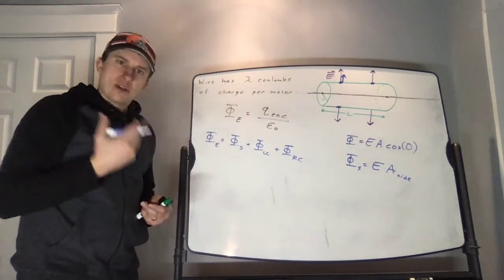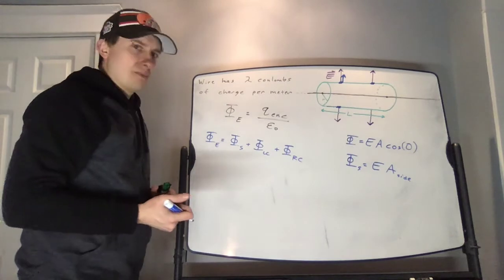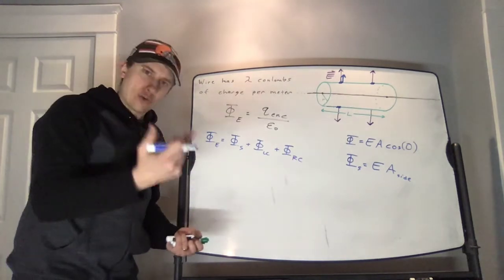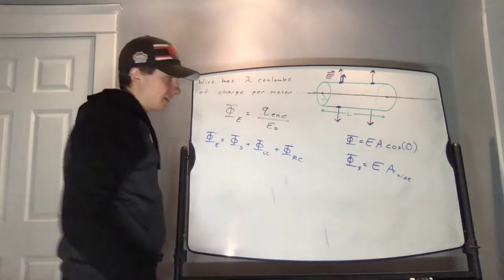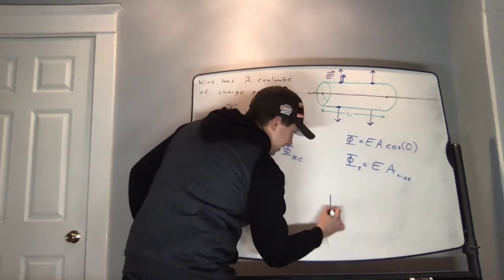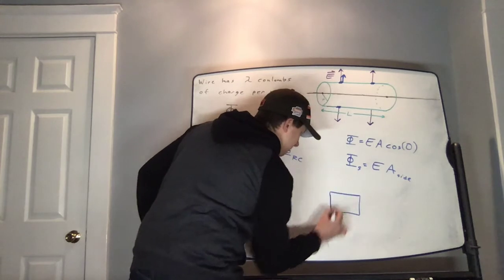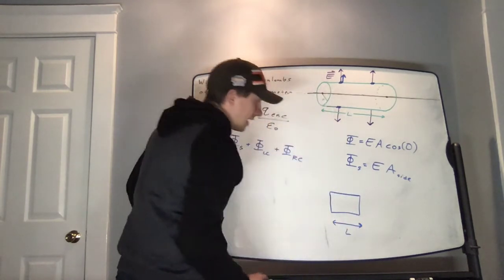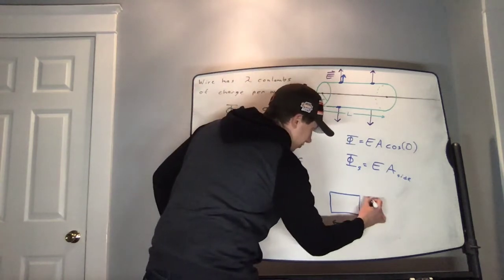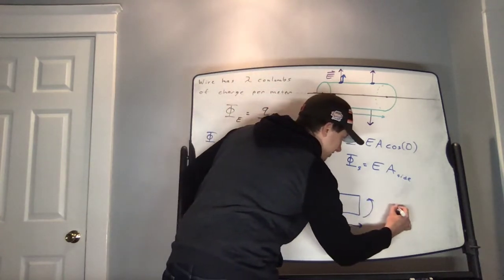So what is the area of the side of the cylinder? I could imagine creating a cylinder by taking a flat piece of paper and rolling it. So if I begin with a flat piece of paper, let's say this paper has a length L, and then I roll the paper up to create a cylinder.